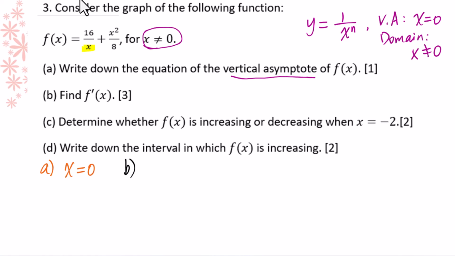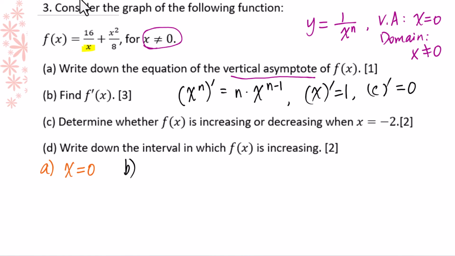B, find the f prime of x. We do know x to the nth power prime equals n times x to the power of n minus 1. Also remember x prime equals 1 and a constant number prime equals 0.